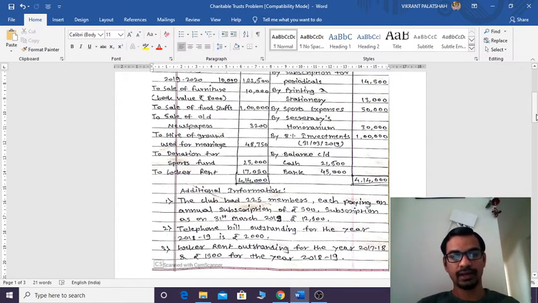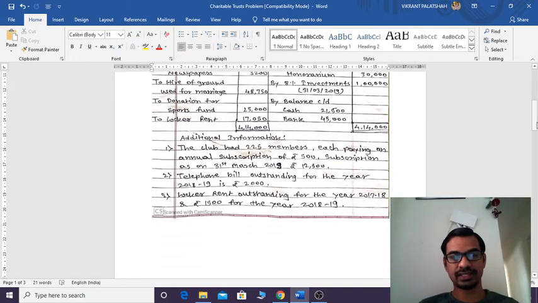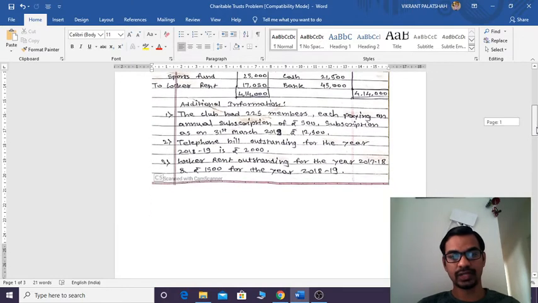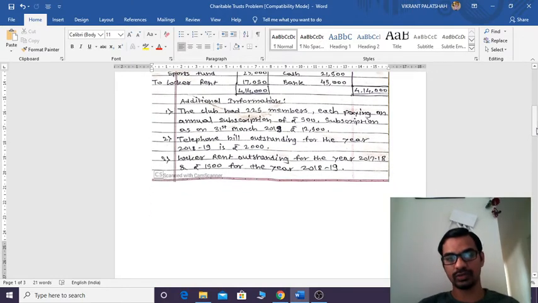Then some additional information, means adjustments, are given there. Adjustment number one, the club had 225 members, each paying an annual subscription of rupees 500. Subscription as on 31st of March 2019, rupees 12,500, is outstanding. Then number two, telephone bill outstanding for the year 2018-19 is rupees 2,000.